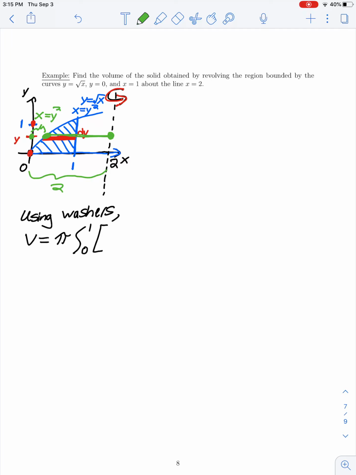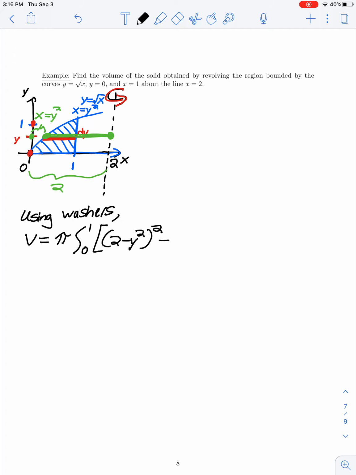So the distance that I'm interested in from the axis to the outer edge of this curve would be the difference in those values. That is 2 minus the equation for the curve, which was y squared, and we're taking the square of that radius.